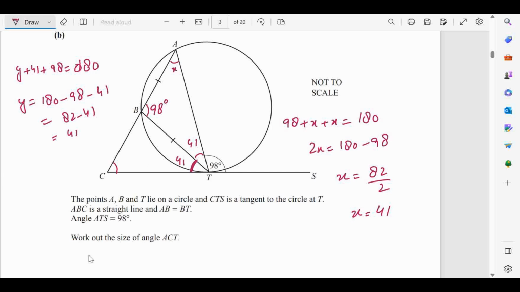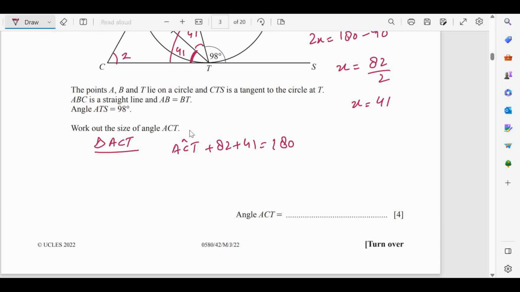Now in triangle ACT, we have two angles. This complete angle is 82. This angle is 41. So we can easily find this angle. So angle ACT plus 82 plus 41 should be equal to 180.